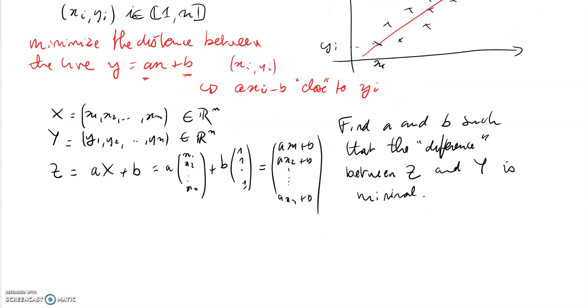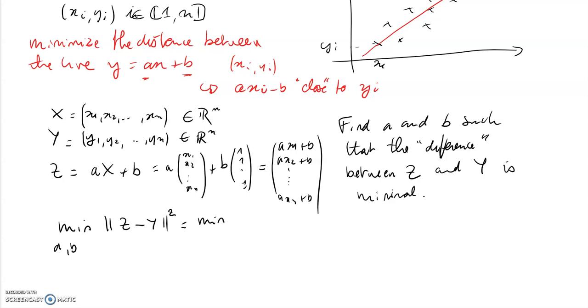We are going to minimize the norm between z and y. So we want to find a and b such that we minimize, over all real values a and b, the norm of z minus y. Let's take the norm squared. That's the same thing, and so we want to minimize.